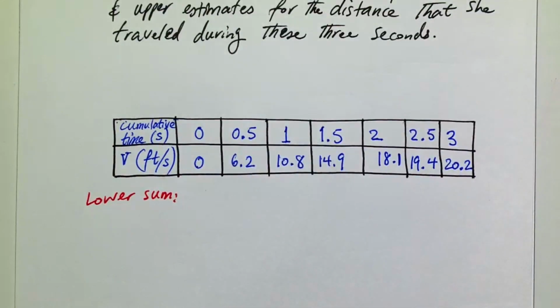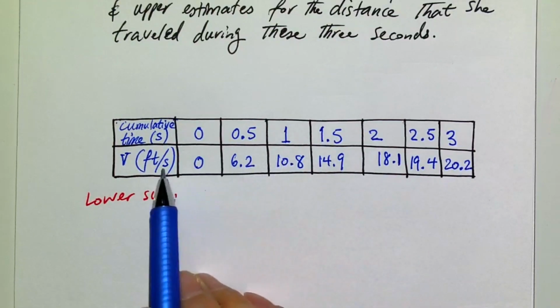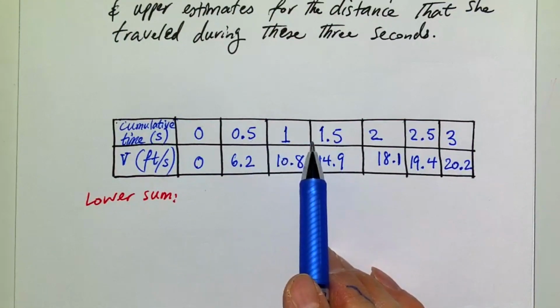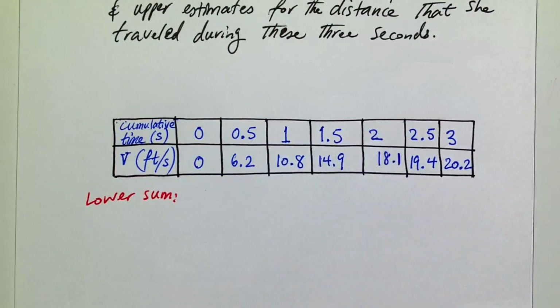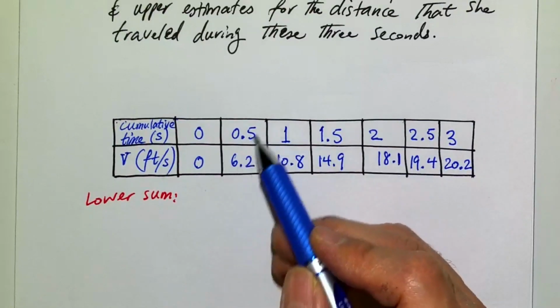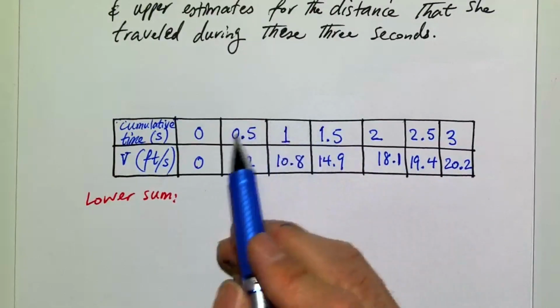Then the runner starts, and either a human being or a machine is clicking the time and recording the speed at 0.5 second intervals. Very quick intervals. And these are what we're getting, the speed at each stopwatch interval.